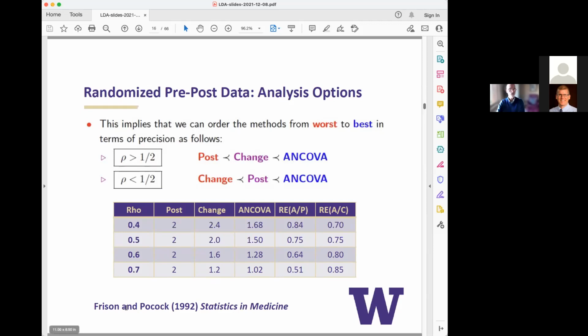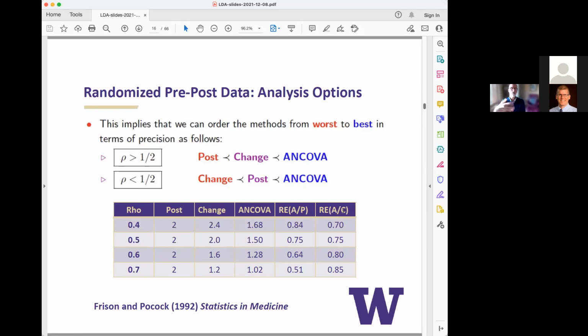This is a result that I often quote and write into applications, from 1992. So we're closing in on the 30th anniversary of this basic paper. This shows in a table some comparisons, the relative efficiency of ANCOVA versus post, and then the relative efficiency of ANCOVA versus change.